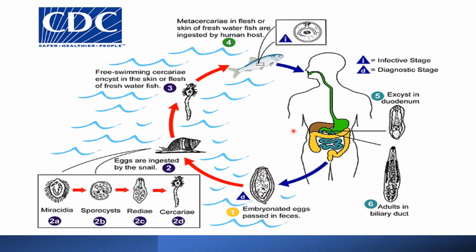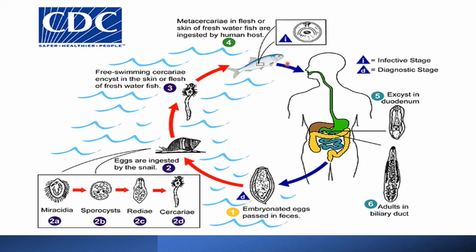So for the life cycle, fully embryonated eggs are discharged with the bile fluid into the feces of the infected human. The eggs in water are ingested by a freshwater snail, at which time the miracidium hatches to infect the snail. Sporocysts and rediae generations are produced before cercariae. Then the free-swimming cercariae released by the snail will encyst in the skin or flesh of freshwater fish.